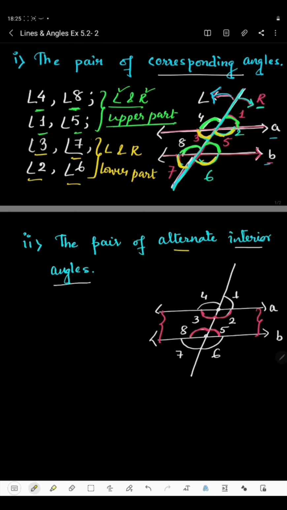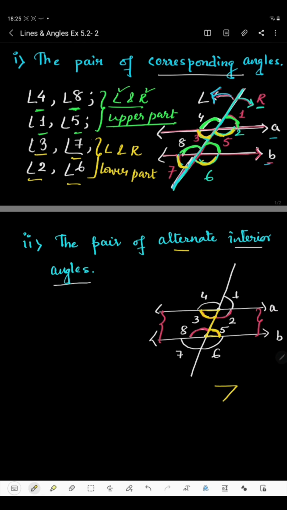Now alternate means if you are taking the angle on the left, then another angle should be on the right, okay. Now this angle 3 is on the upper side. Now another alternate angle will be on the lower part, okay. Now so angle 3, angle 5 are alternate, which makes Z.